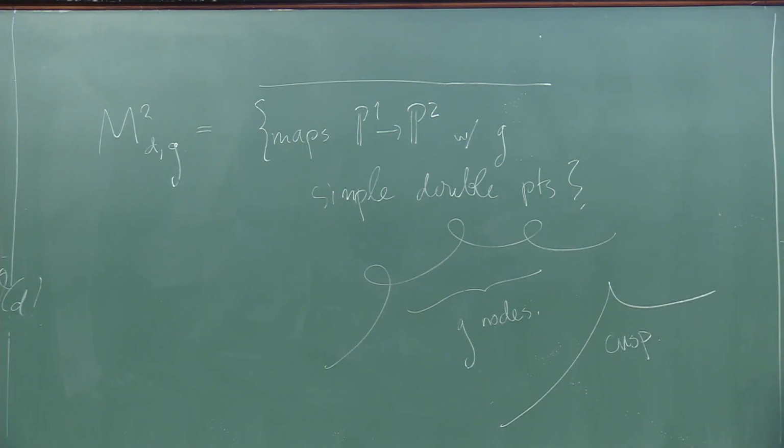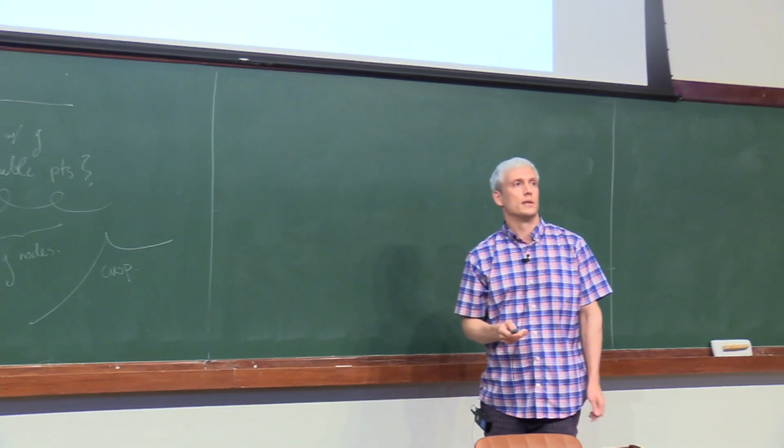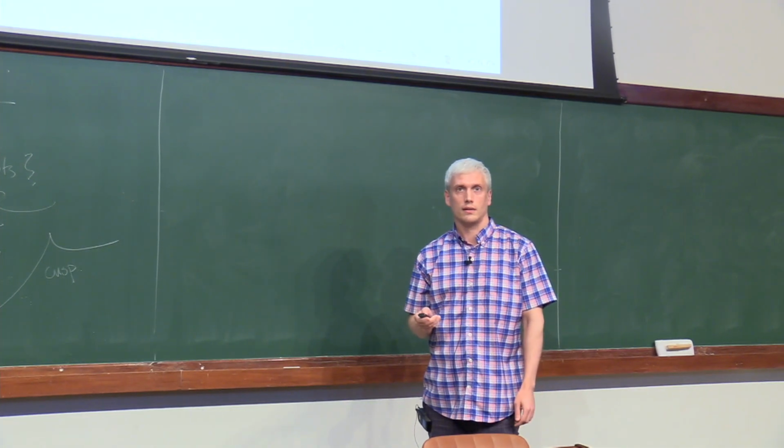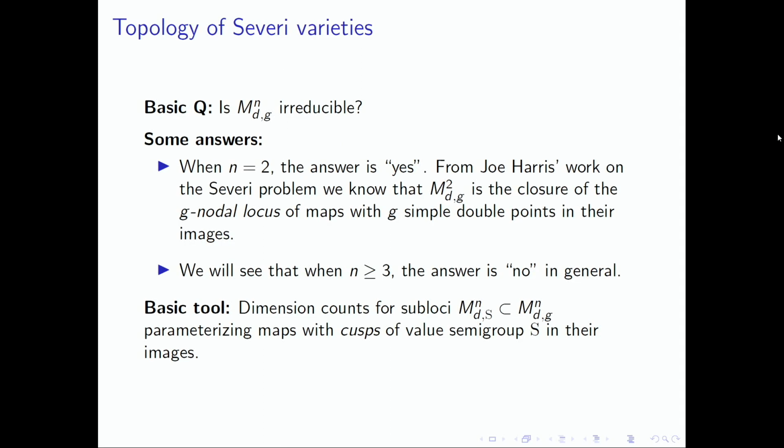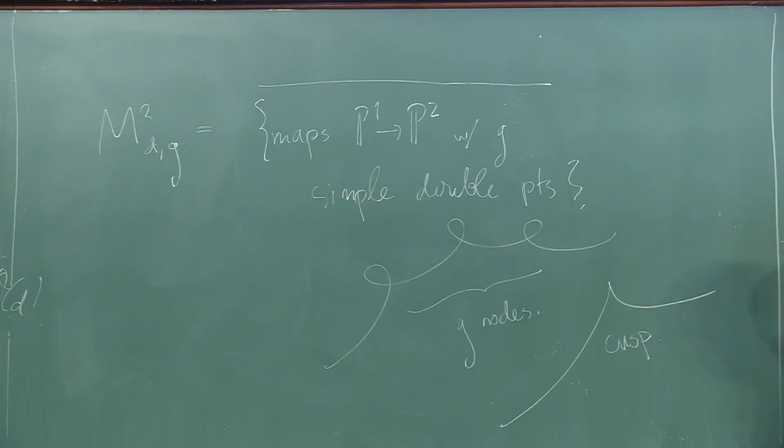Okay? So please, if anything isn't clear, stop me. In this last sentence, there's this word value semigroup that shows up. The value semigroup of a cusp is some way of quantifying it, which I'm going to review in a second. It's some topological artifact of this cusp.